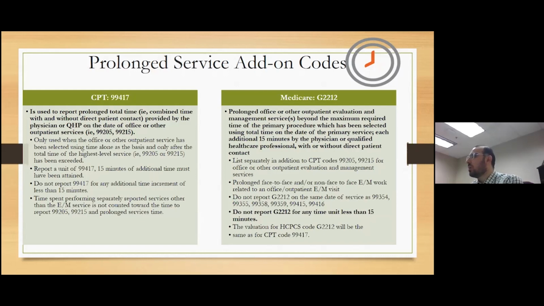The 99417 is a prolonged visit. The G2212, sorry, the G2212 is a prolonged visit. The 99417 is the added code.